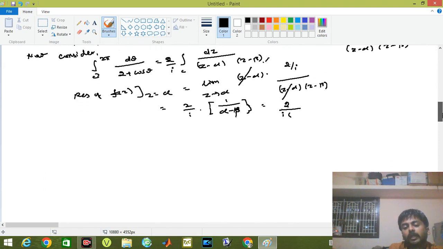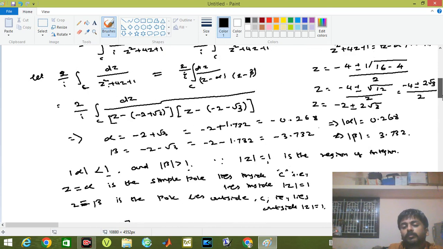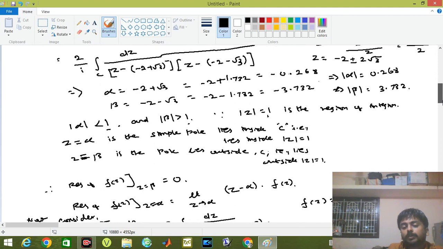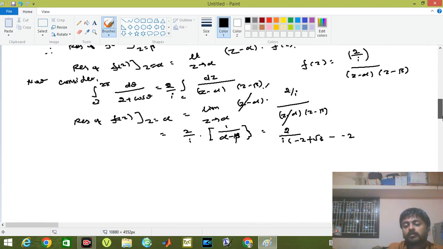The beta value is minus 2 minus root 3. So we will have minus 2 plus root 3, the value of alpha, minus minus 2 minus root 3, the value of beta, that is equal to 2 root 3.